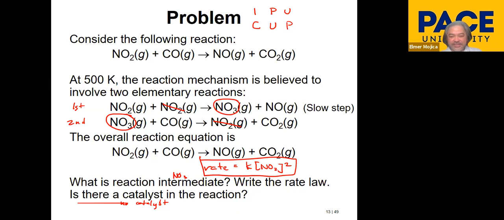Everyone follow why that's the rate law? Because that's the slow step. And what you do when you write the rate law, just write whatever reactants you have. If you're going to write it, this is really in this form, right?